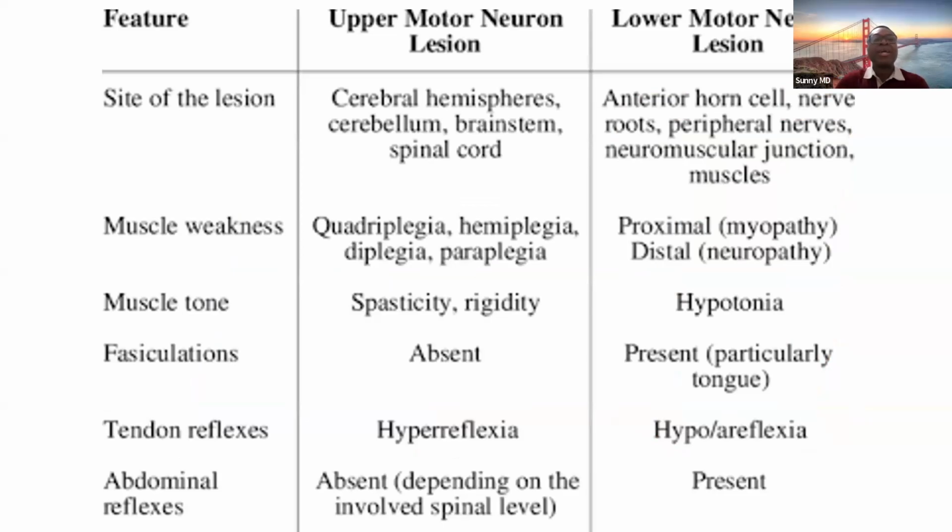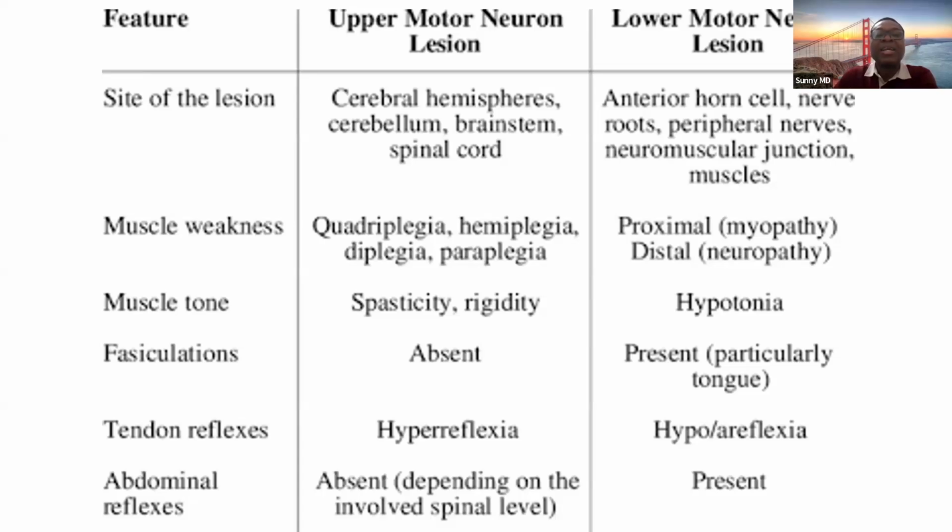As you know, for upper motor neuron lesions, the site of the lesion is usually in the hemisphere, cerebellum, brainstem, or spinal cord. The lower motor neuron starts from the anterior horn cells, nerve root, peripheral nerves, and neuromuscular junction. The sort of weakness you have in an upper motor neuron lesion is described as pyramidal weakness. So what's pyramidal weakness? It can be quadriplegia, hemiplegia, diplegia, or paraplegia.